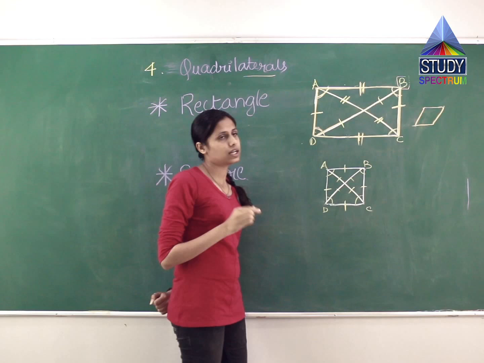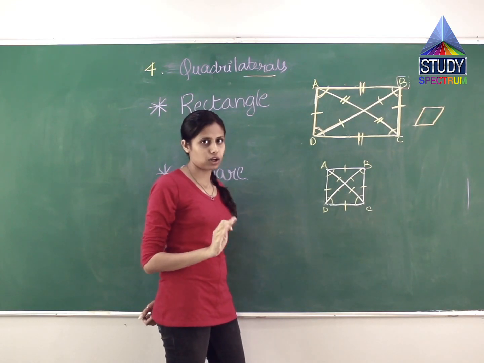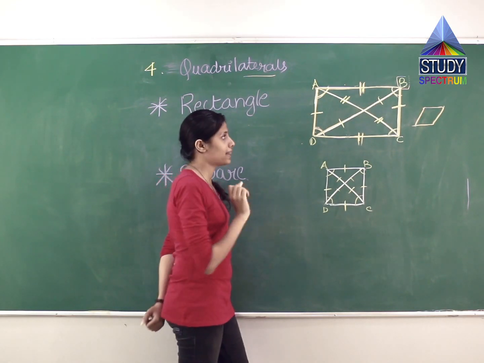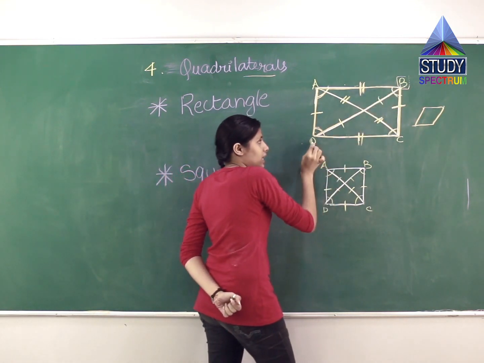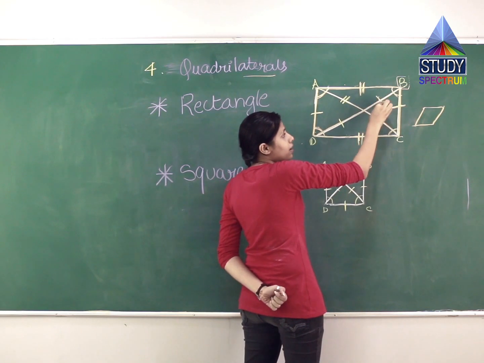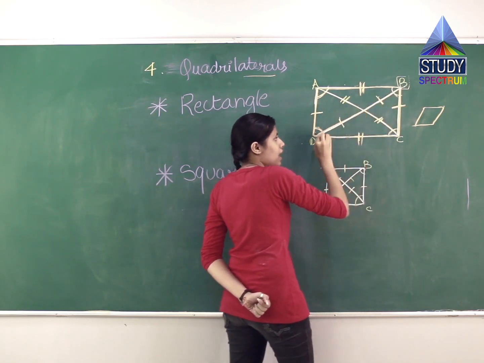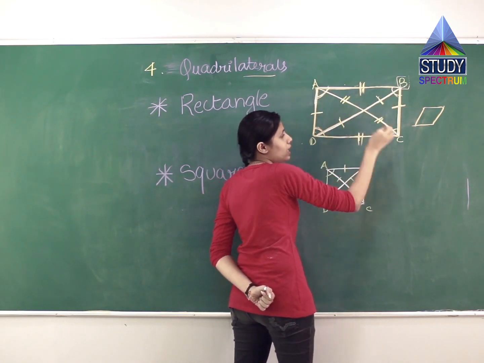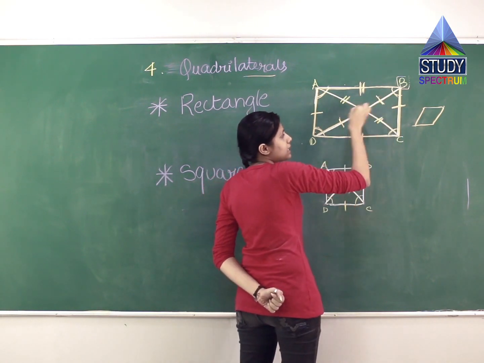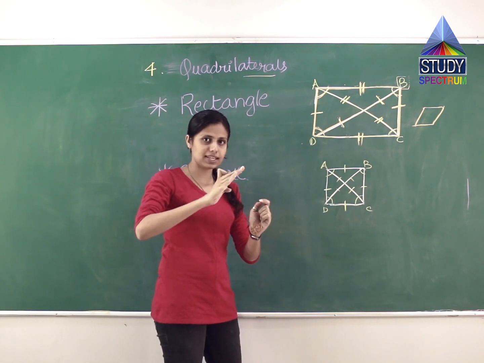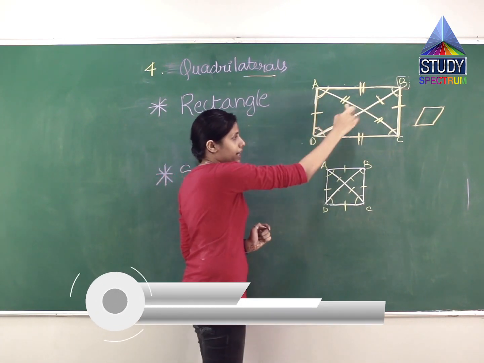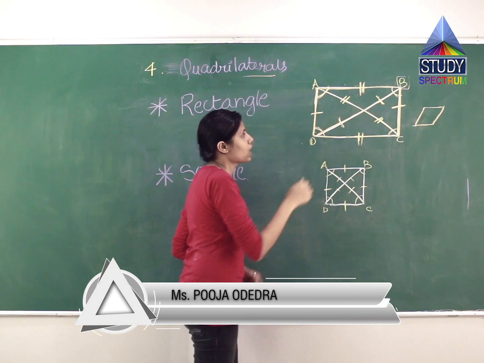Another property of the rectangle is that both the diagonals intersect each other and they are equal bisectors of each other. Look over here, BD is equally bisected by the diagonal AC. See, it is represented by 1 unit. Means what? BD is divided in half, both parts, BD, by AC.